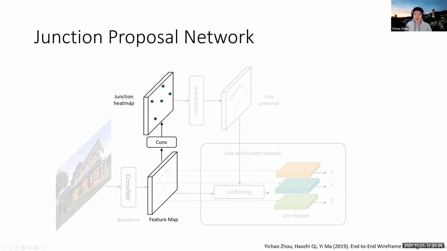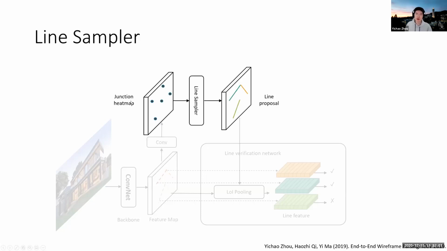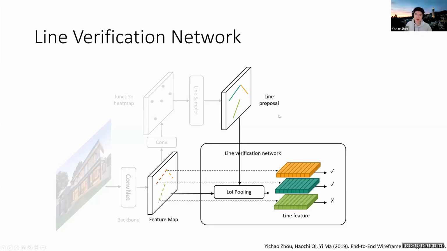After you have the junction heat map, you sample some lines from the junctions. The easiest way is to connect every pair of junctions to form the line proposals. Finally, with the line proposals, we do something very similar to ROI pooling. If you are familiar with the object detection literature, we do LOI pooling, the line of interest pooling.